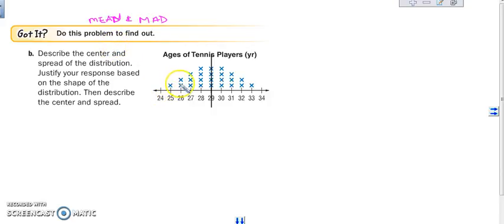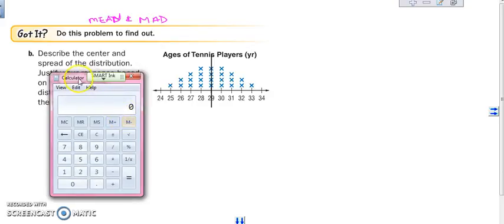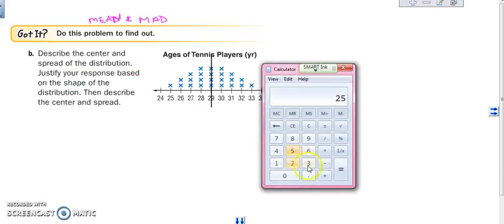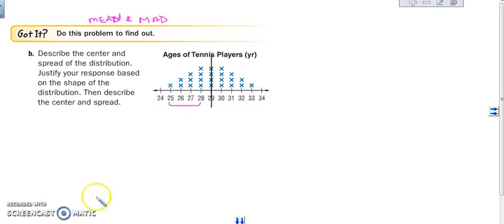So mean, I got to add all of these up. So in my calculator, I'm going to do 25 plus 26, 26, 27, 27, 27. Okay, I'm just going to do it chunk by chunk. So from here to here, we said was 270.